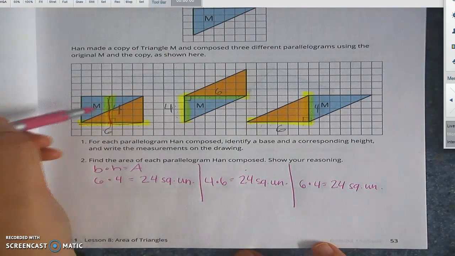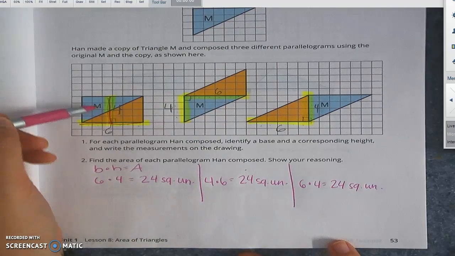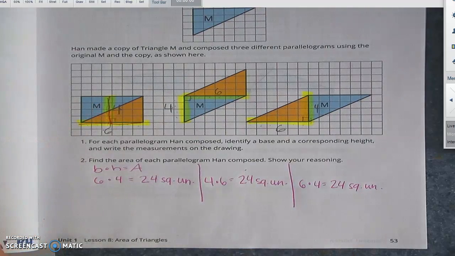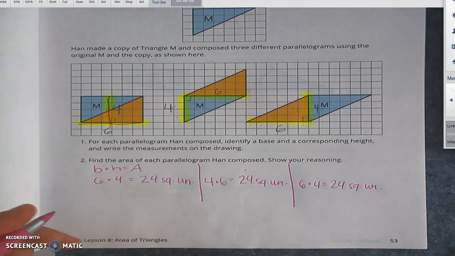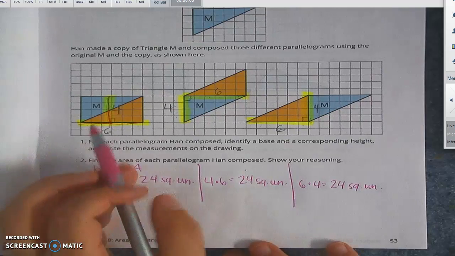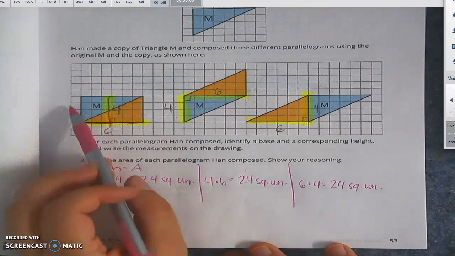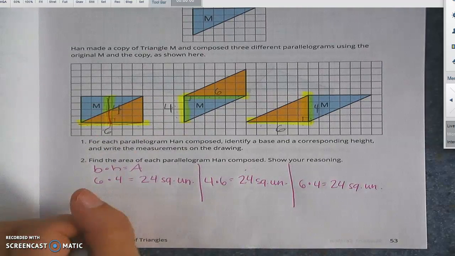Well, since this is the area of 2 of the triangles put together, to find the area of just one of the triangles, I could do the area of the whole parallelogram and divide it by 2.